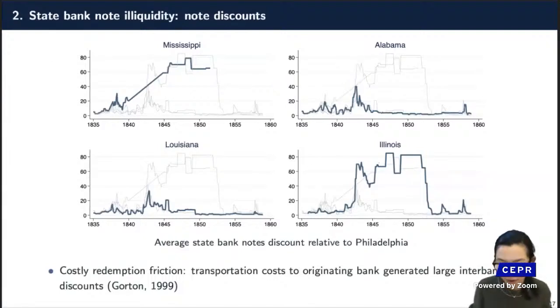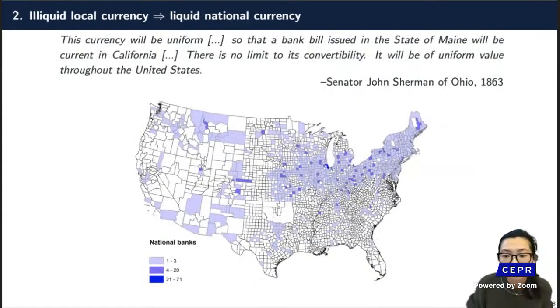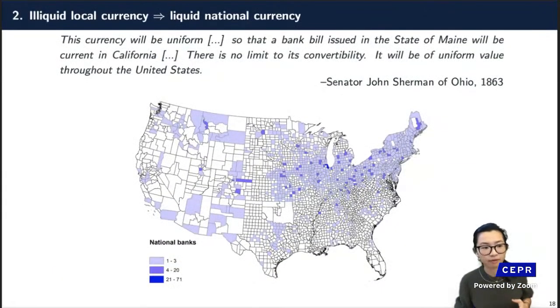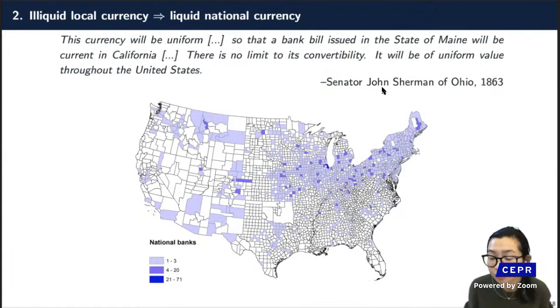Okay. All right. So in this context of this very illiquid local currency, one of the driving forces of creating the National Banking Act was, as Senator John Sherman put it, this desire to have a uniform currency so that a bank bill issued in the state of Maine would be current in California, and that there would be no limit to its convertibility.